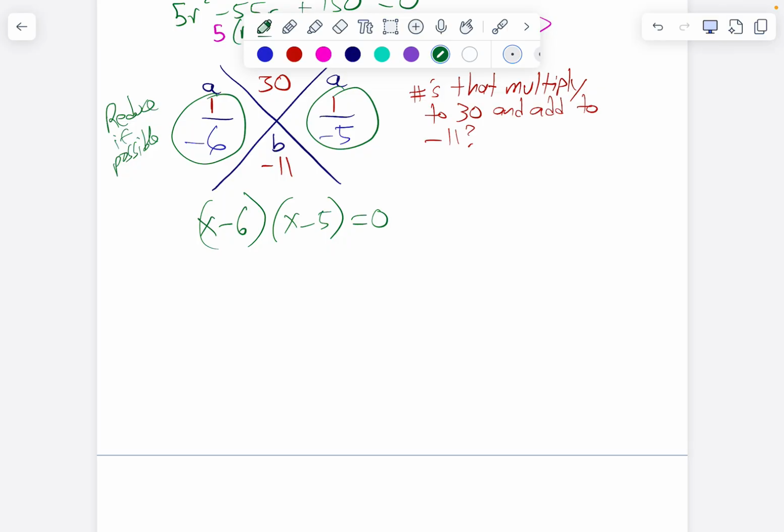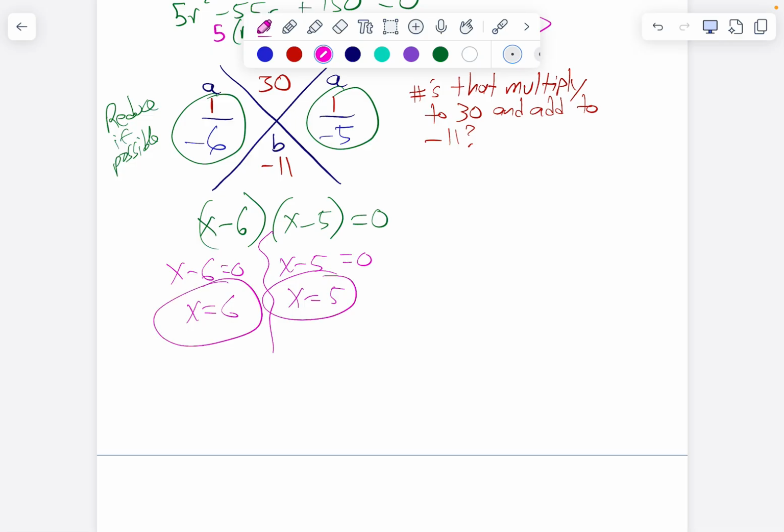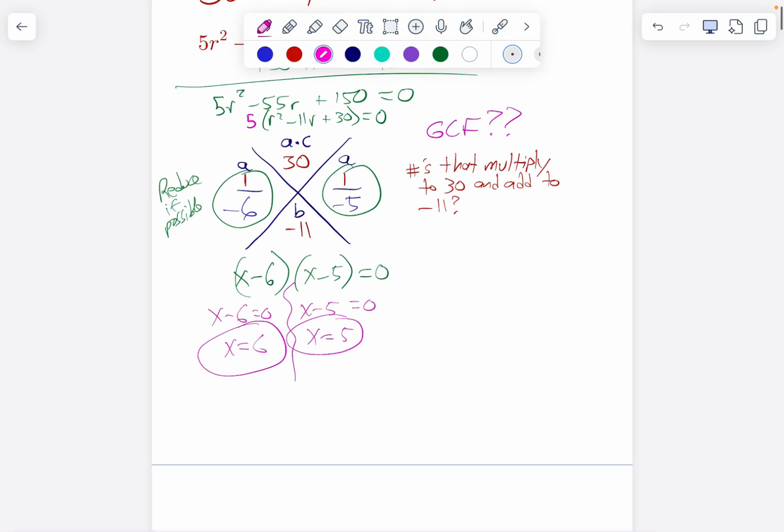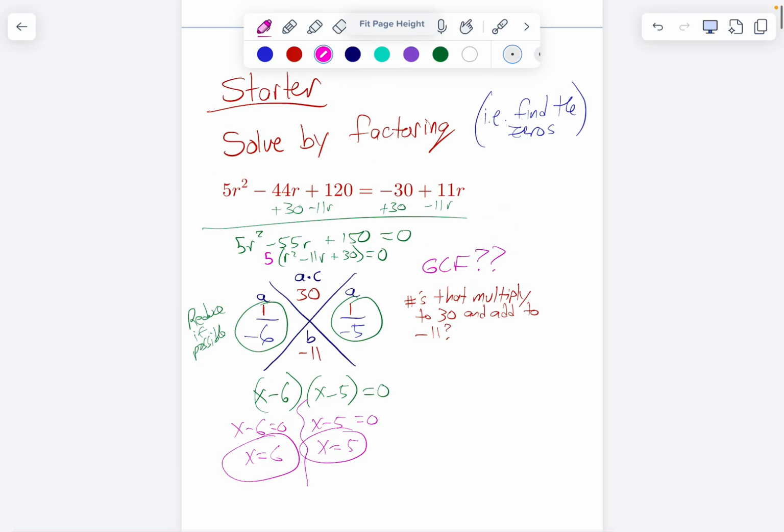So something has to be 0 for that to be true. So we just find out where each of these are 0. And we find 6, and we find 5. And since there's no geometry involved, that's 2 acceptable answers for this one. Raise your hand if you got both. Okay, awesome.